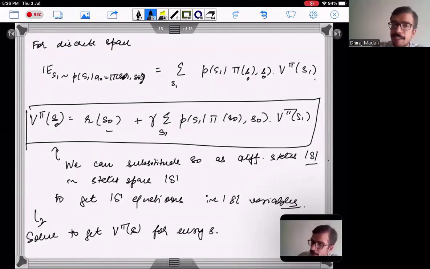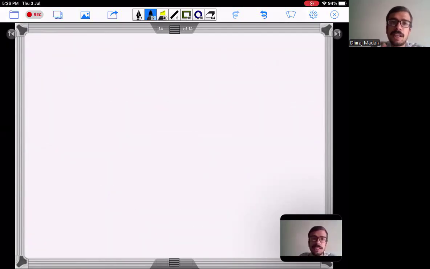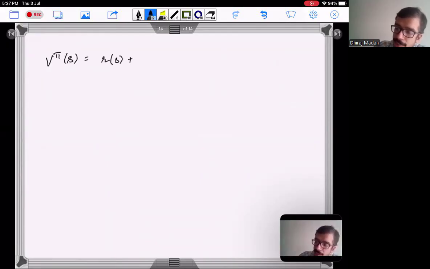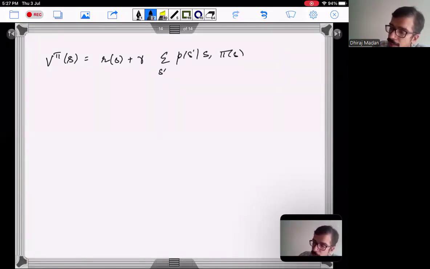Actually, if you don't want to write it in terms of S naught and S1, because then it indicates only the start and the first state, you can write it in general. So in general, for all S, V pi S is nothing but R of S plus gamma times the sum over S prime of P of S prime given S and pi of S, times V pi of S prime.